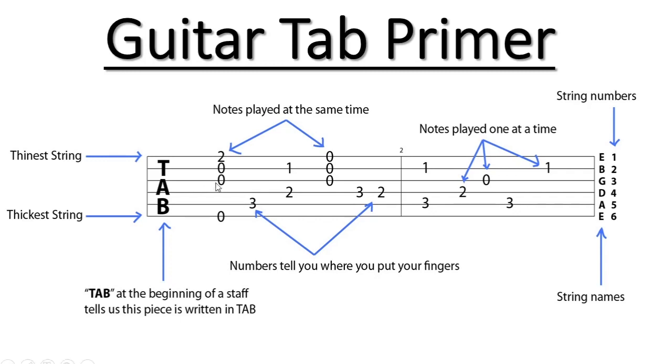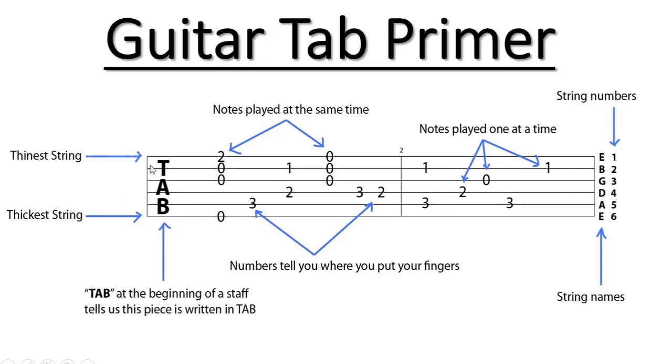The first thing that we need to look at is that it's very similar to music notation in the sense that they have lines, okay? But the difference between notation and guitar tab is that these horizontal lines do not stand for the different notes that you get in music or the musical alphabet. They stand for the strings.